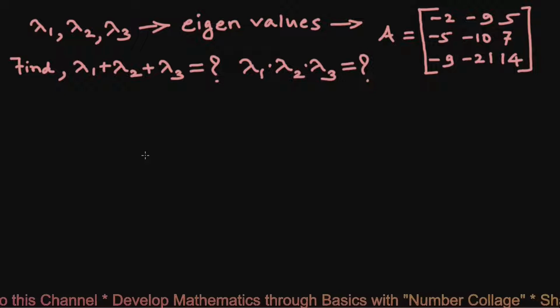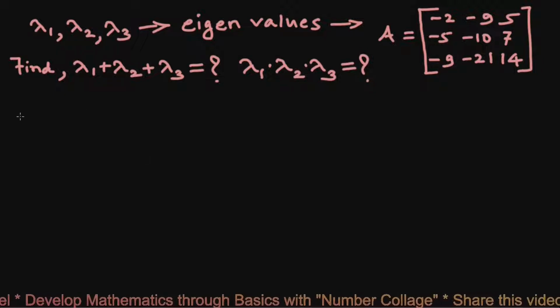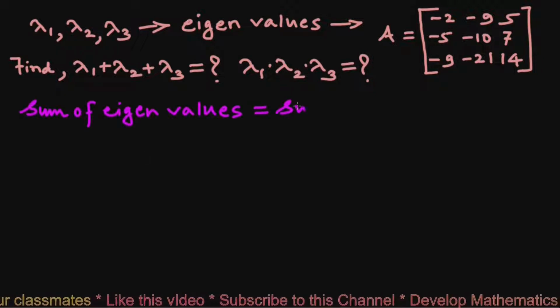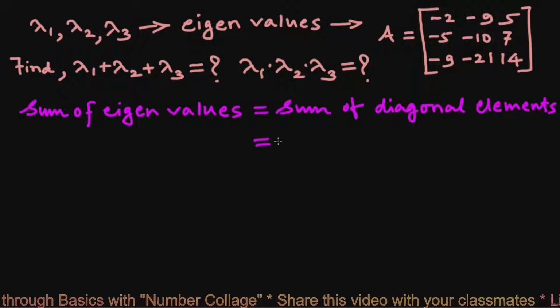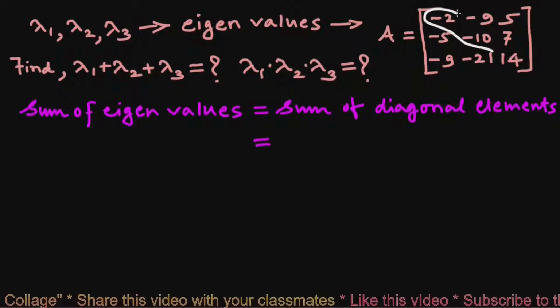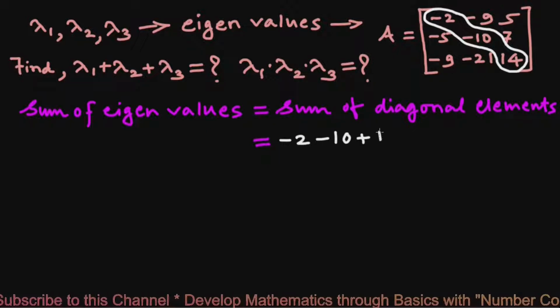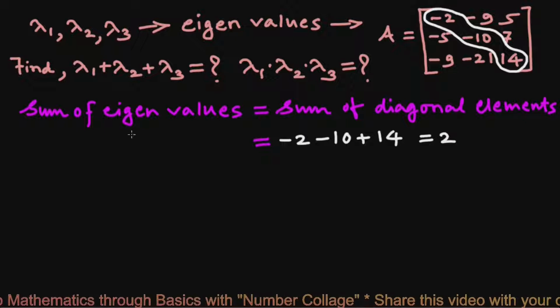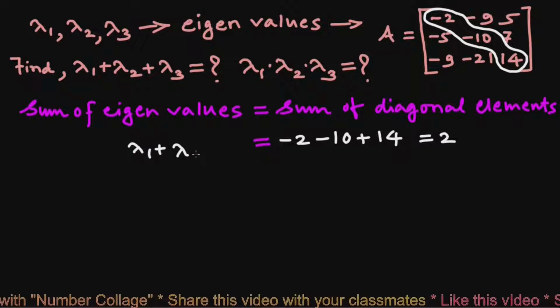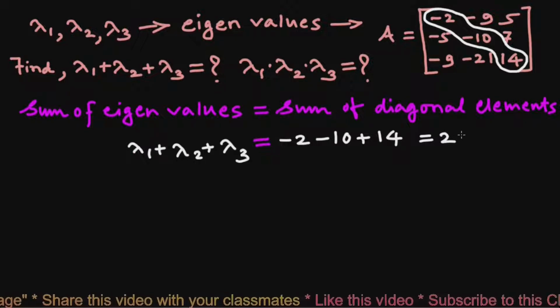Like what we have just seen, sum of eigenvalues equals sum of diagonal elements, that is sum of -2, -10 and 14. So -2 -10 plus 14 will be 2. So lambda 1 plus lambda 2 plus lambda 3 is 2.